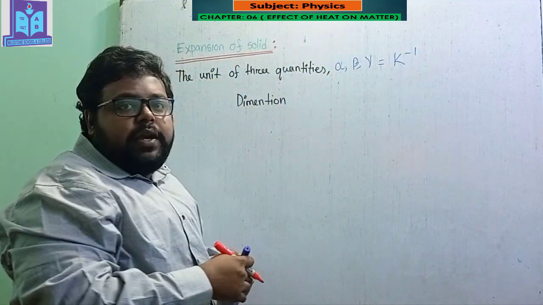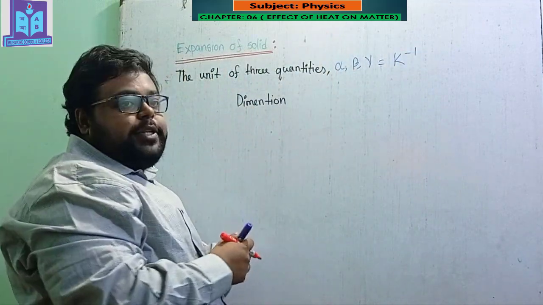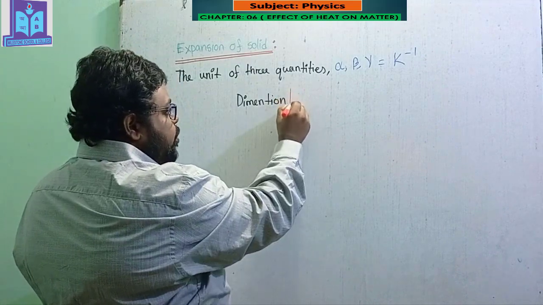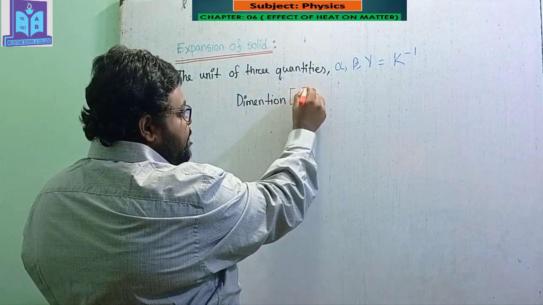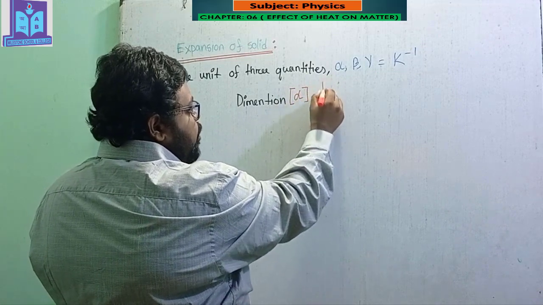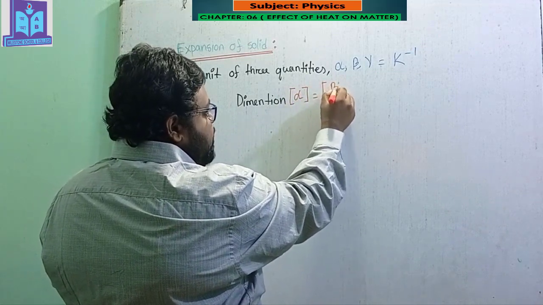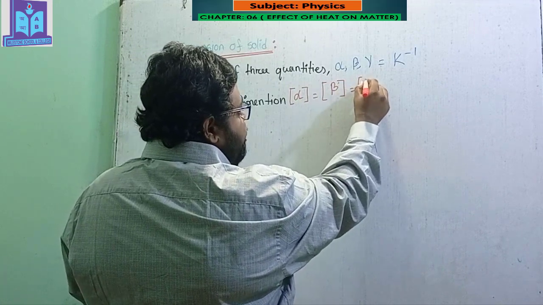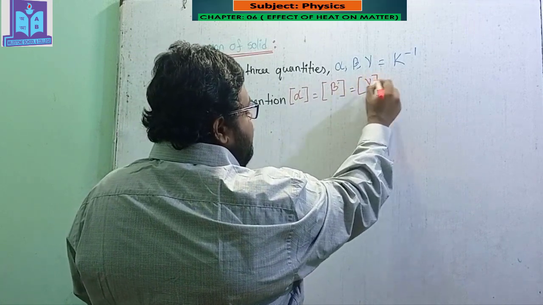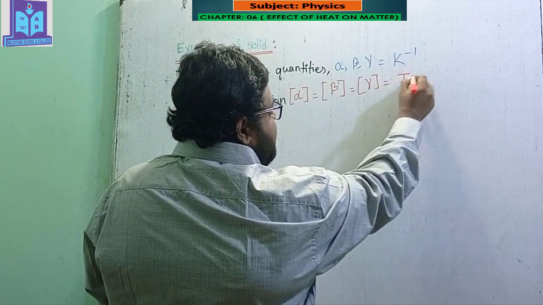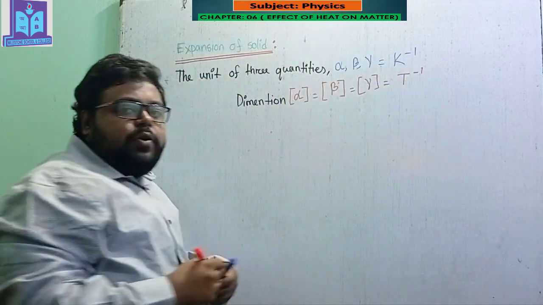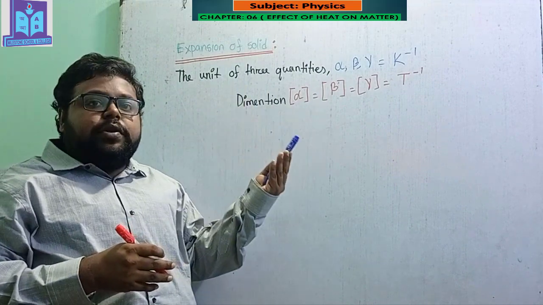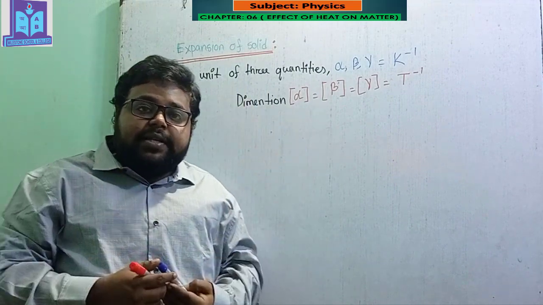Now I will discuss the dimension of alpha, beta and gamma, which is T inverse. I hope you understand the unit and the dimension of these three quantities.